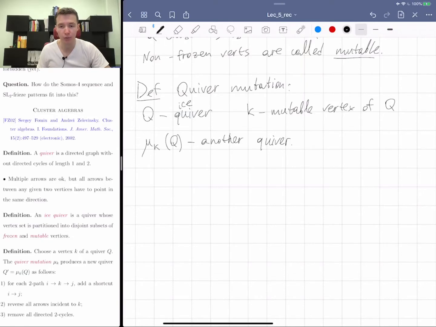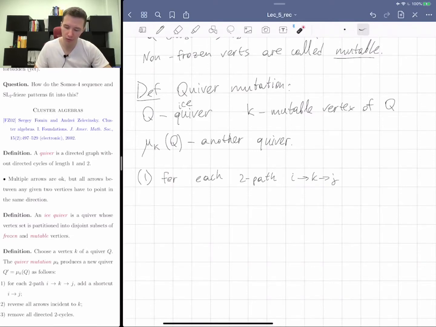So what's the combinatorial procedure? Well, it's a 3-step procedure. So the first step is kind of the most complicated one, and what we're going to do is for each path of length 2, so for each 2-path, it goes i to k to j.